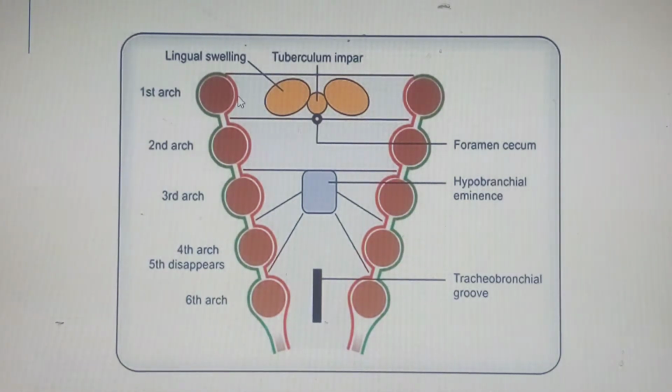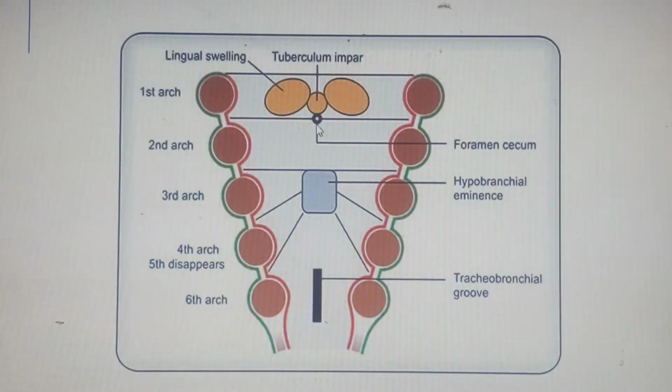That's why you should know that the epithelial lining of the tongue is going to be stratified squamous, non-keratinized epithelium, except where we have the filiform papillae. Because it develops from the first branchial arch, the epithelial lining of the anterior 2/3 of the tongue will be ectodermal in origin.